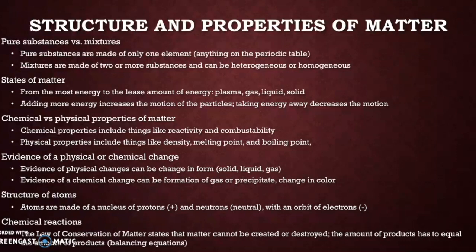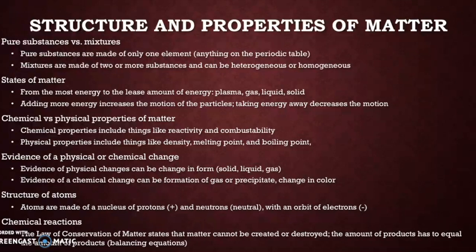Physical changes are things like tearing paper, or taking ice from a solid to liquid water. A chemical change, typically you'll see a formation of a gas or precipitate, so that's like the solid stuff that would be at the bottom, or some kind of change in color.